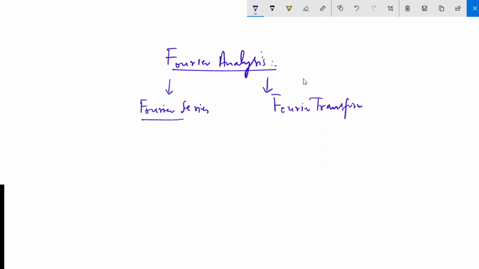And again, this Fourier series, it is defined for continuous time signals in a different way, discrete time signals in a different way. So we have continuous time Fourier series and discrete time Fourier series. And the same is in the Fourier transform. We have a continuous time Fourier transform, and then we have a discrete time Fourier transform for discrete signals.